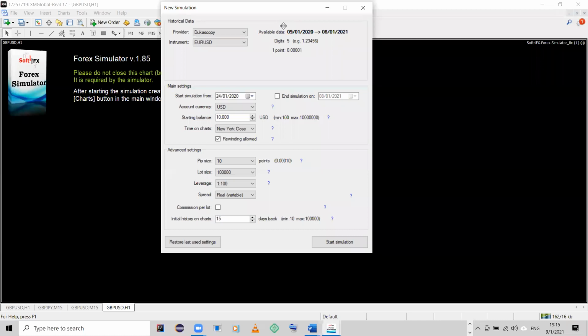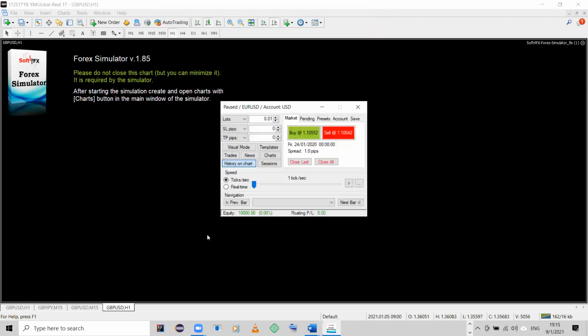No one. So I'm going to choose the pip size, everything. For the leverage, I'm going to put 1:500. Then I'm going to start the simulation.